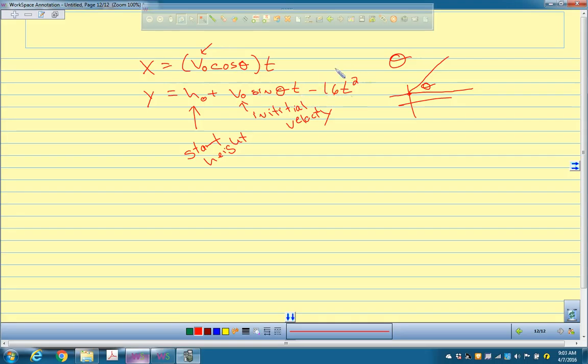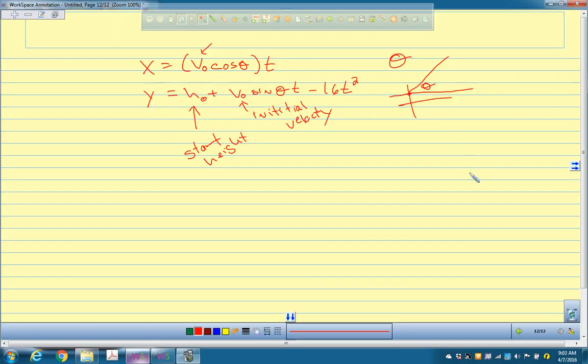What is this accounting for right here? What's 16 t squared? Anyone know what that is from physics? You don't know. That's the deceleration due to gravity. So this is your vertical component. This is your horizontal component.